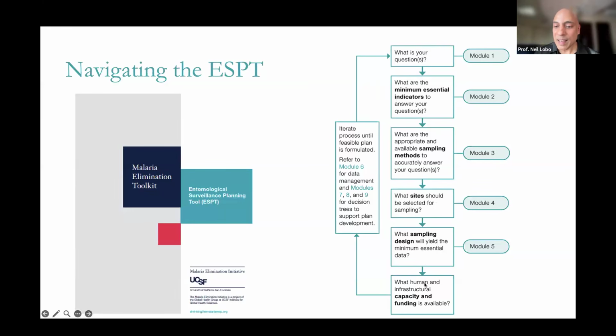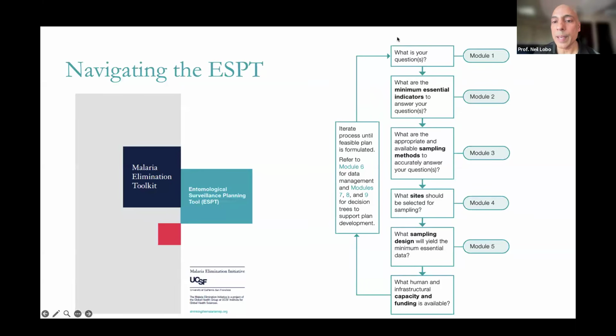And the last step is, once you have your sampling design, I would design the perfect, ideal entomological surveillance plan to answer your question, and then look at capacity and funding. And if you don't have enough capacity, let's say manpower or vehicles, and if you don't have enough funds, then go through the whole process again and reduce things. I have an example to show this to you later on, I think on day 3.